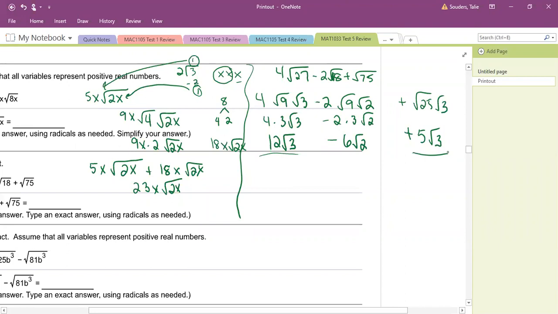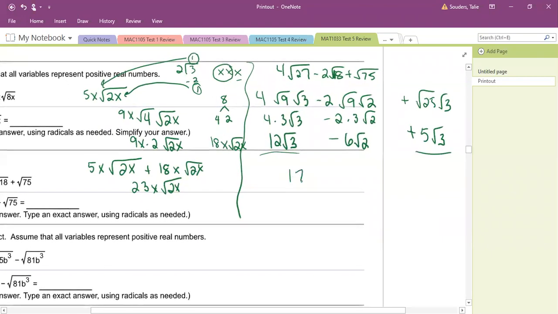And what does that give us? Yeah, it's 17 square roots of 3. Minus 6 square roots of 2 just gets brought down, but it can't be combined because one term has the square root of 3 and the other term has the square root of 2. Any questions there? No.